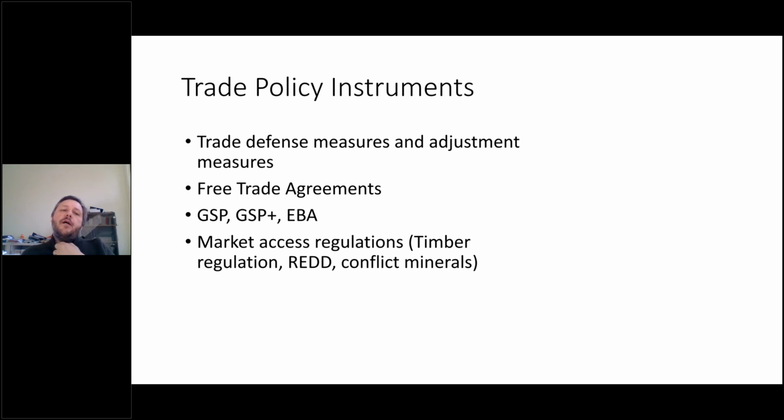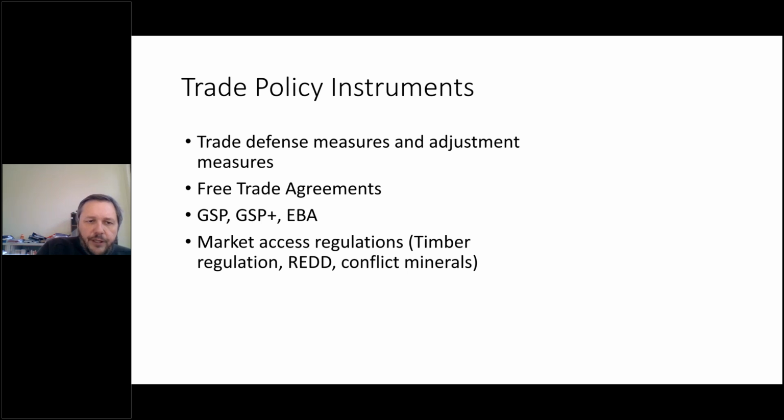We'll start today with looking at trade defense measures and adjustment measures. Then we go to free trade agreements. What are they and how is the EU trying to operationalize these objectives and principles in free trade agreements? And what do we know so far about how that is working?